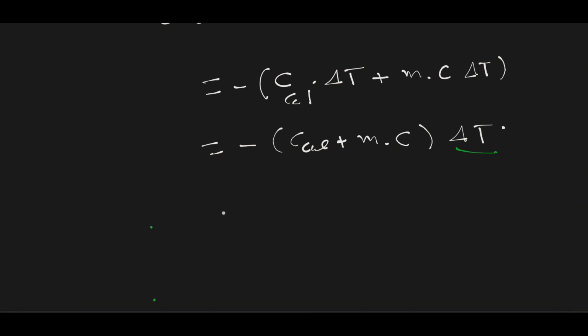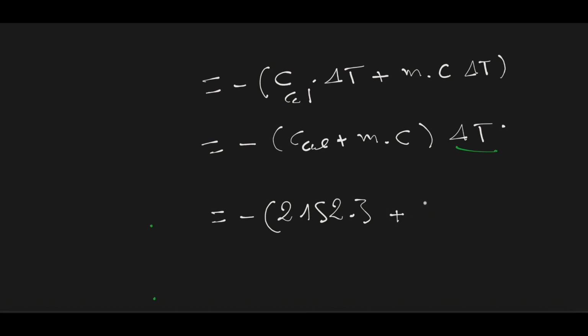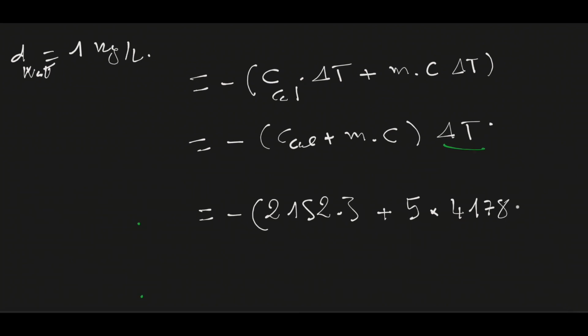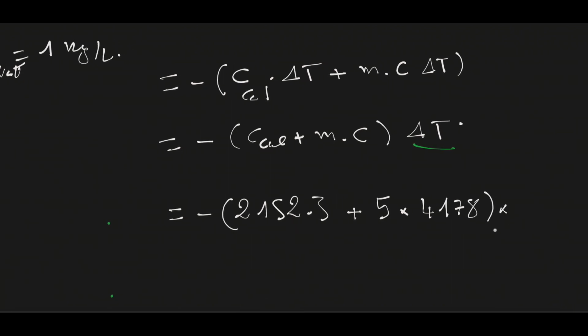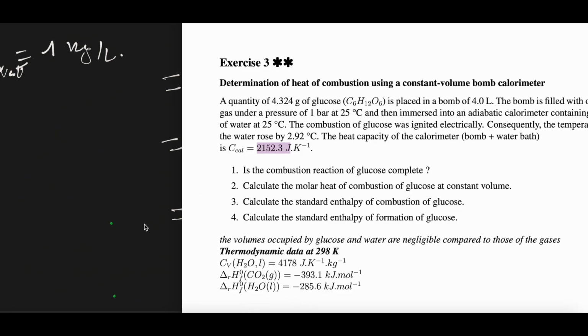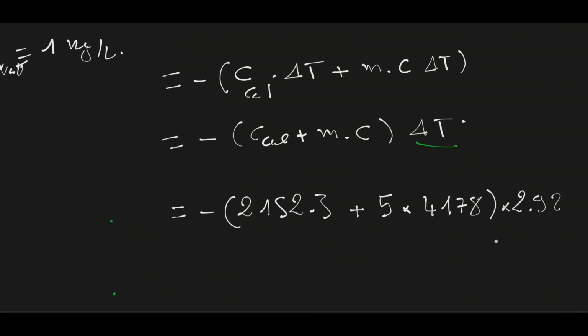So we start with the calorimeter. Here we have 5 kilograms of water because the density of water is 1 kilogram per liter, times the heat capacity of water, which is about 4178, and the variation in temperature is equal to 2.92.